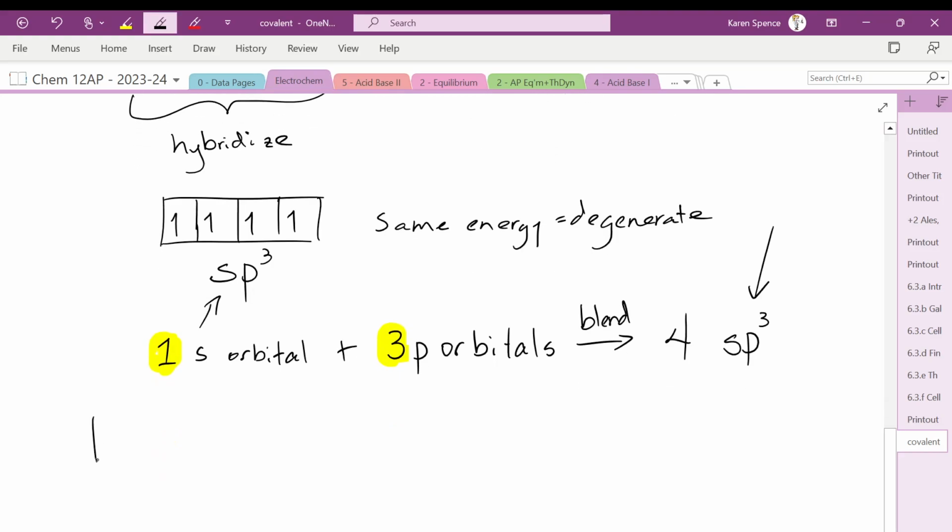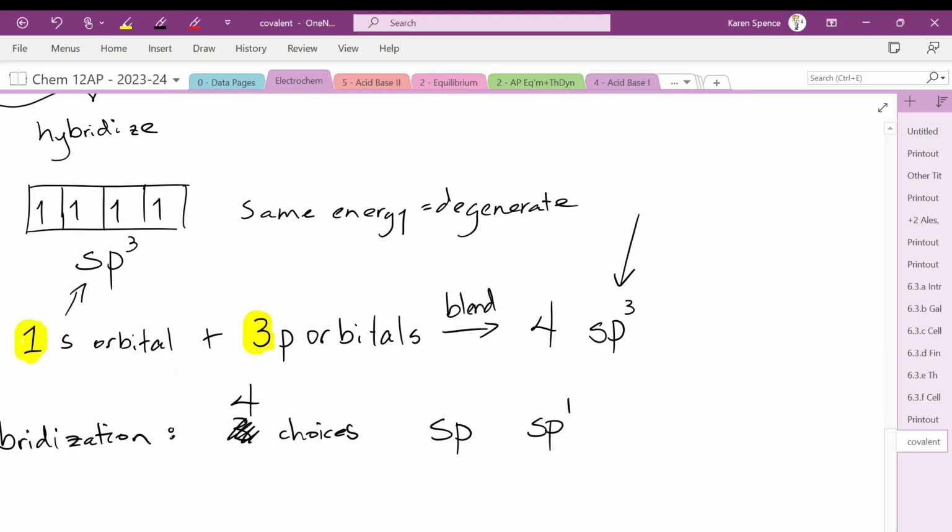Your hybridization is either going to be sp, sp2, or sp3. 3 choices.